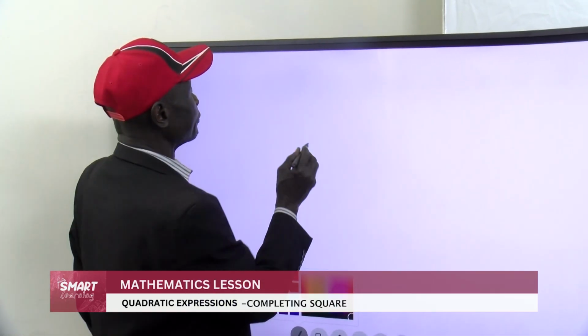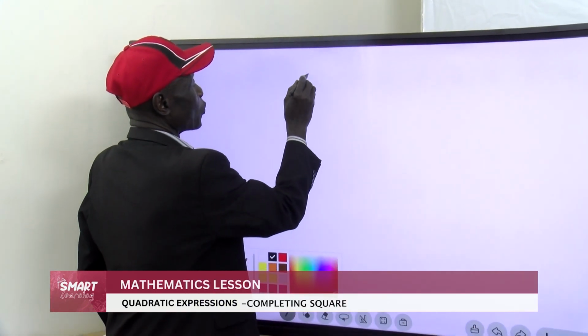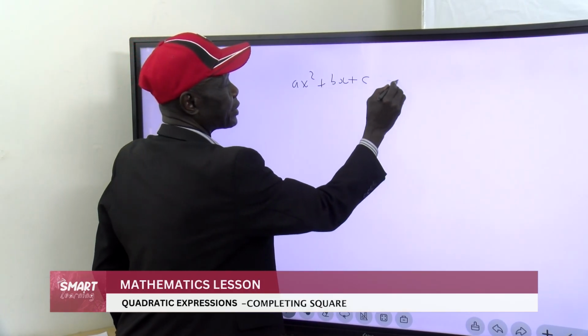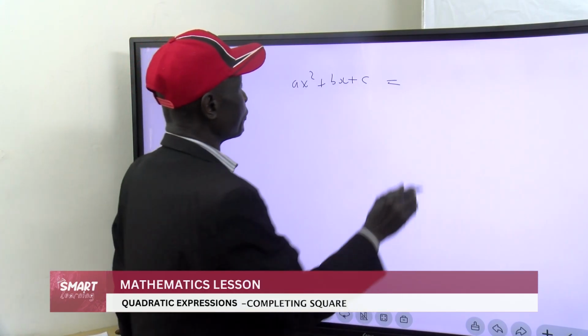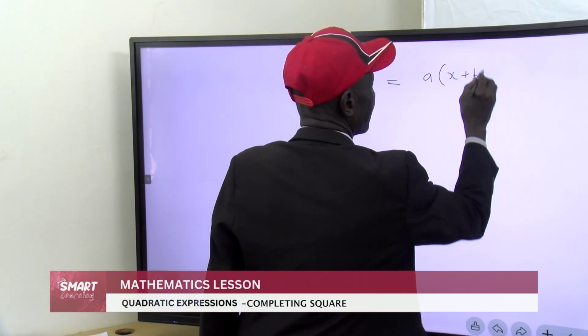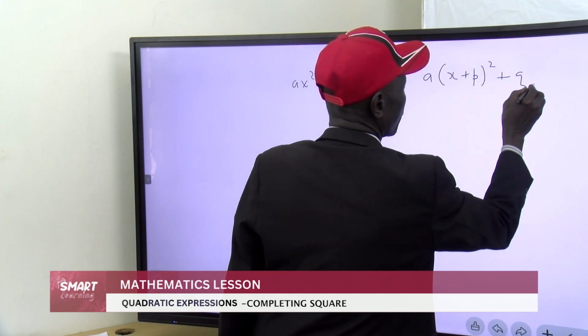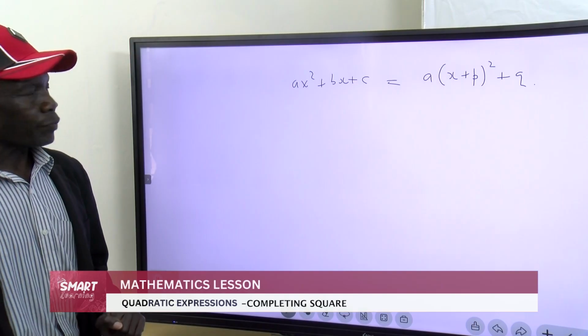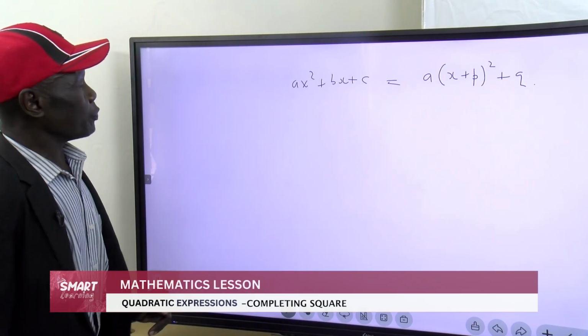Let's say I have ax squared plus bx plus c. But this time I want to write it in the form of a in brackets x plus p squared plus q, which means that I have factored out my a. So what do we do?